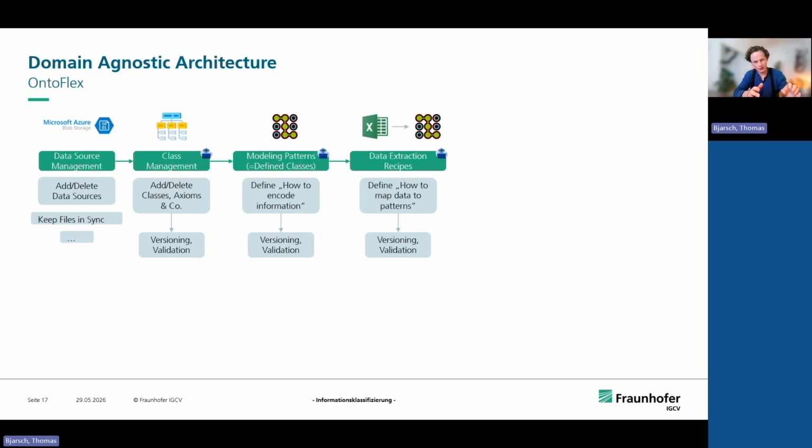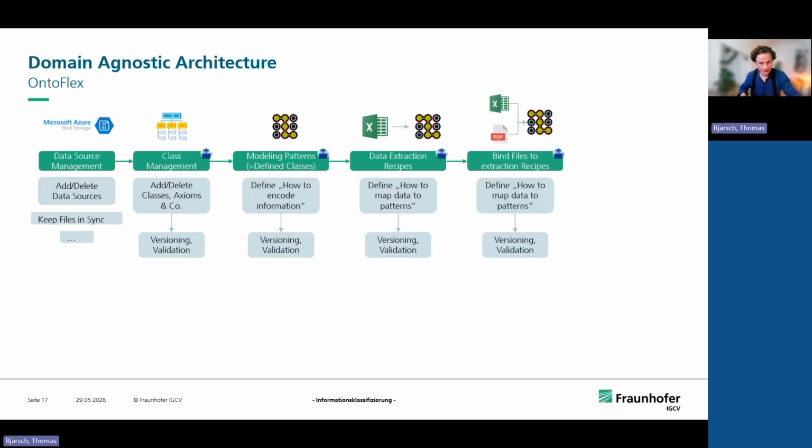This has to be distinguished from the actual process of selecting different files and saying, okay, use this method to extract the information from file A to this pattern. Here we can also think about different possibilities. This might be column mapping, or also here using LLMs. And also here, I expect we need full versioning and validation mechanisms.